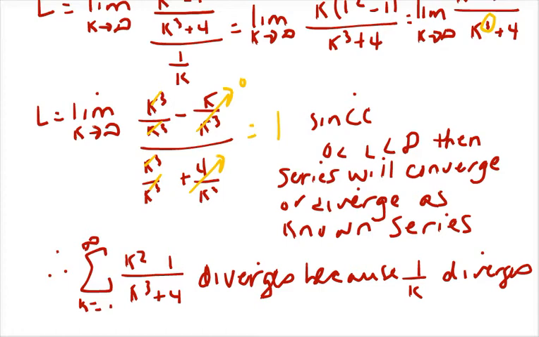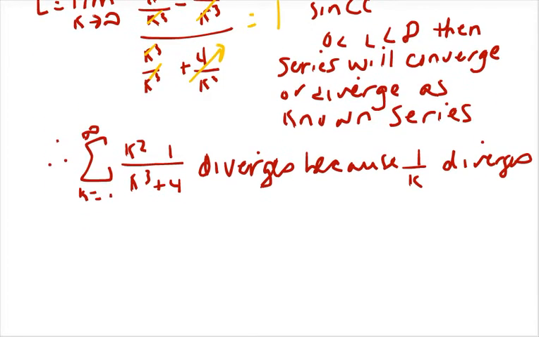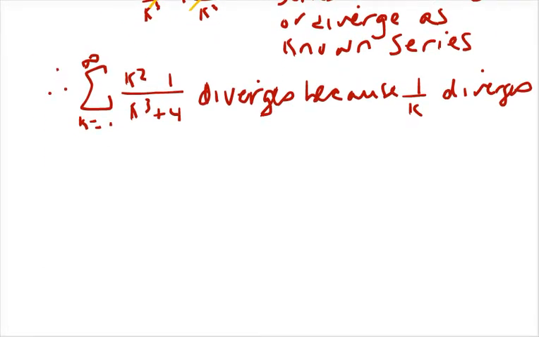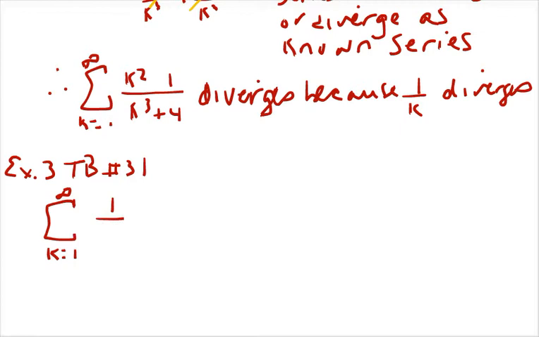You know what, maybe I'll string along example 3 just to make sure we're good. Example 3 was textbook number 31, and this one's a little bit easier and quicker. The series we're looking at is 1 over k to the 3/2 plus 1.